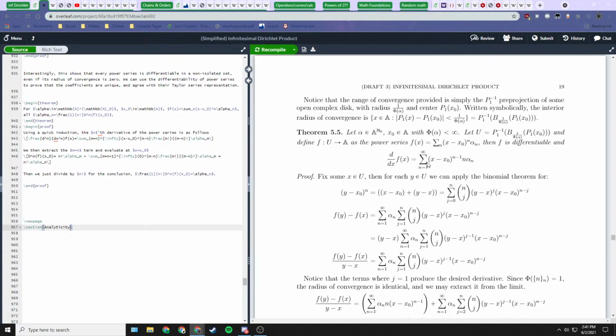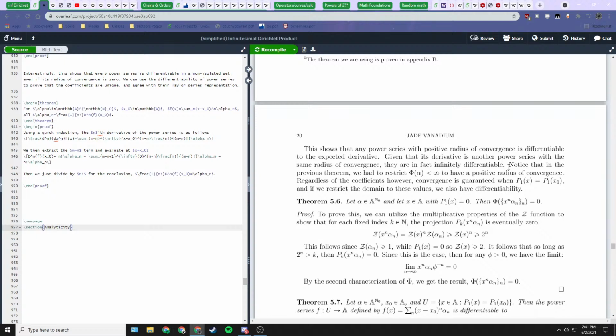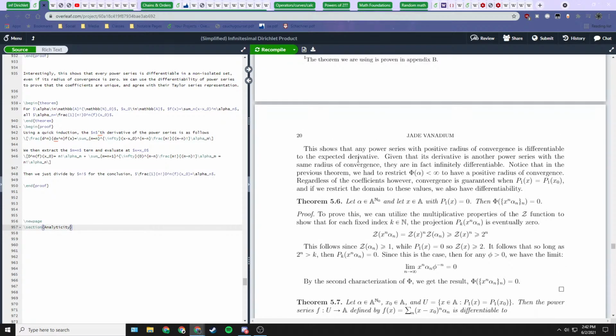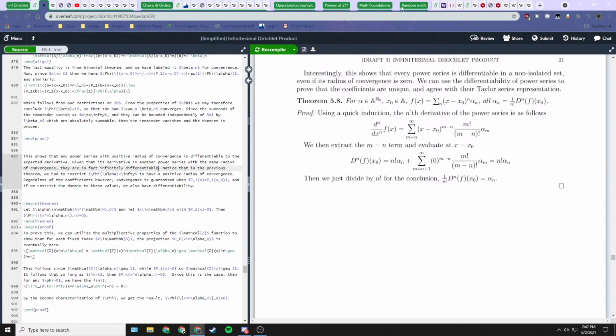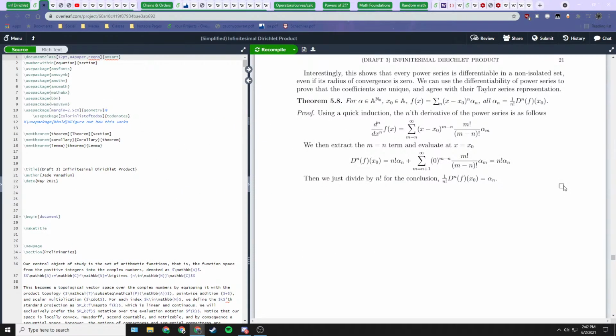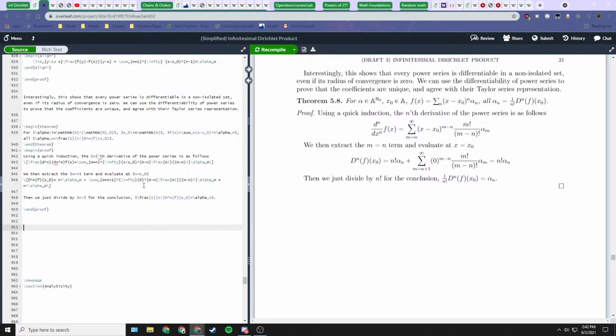See, so f is differentiable and this, and then we have... Let's go down. Yeah, we'll just do an example here.